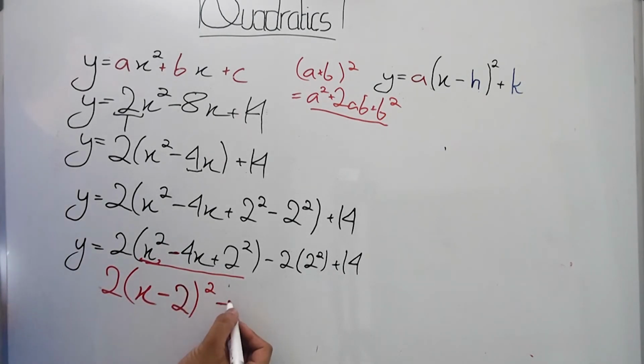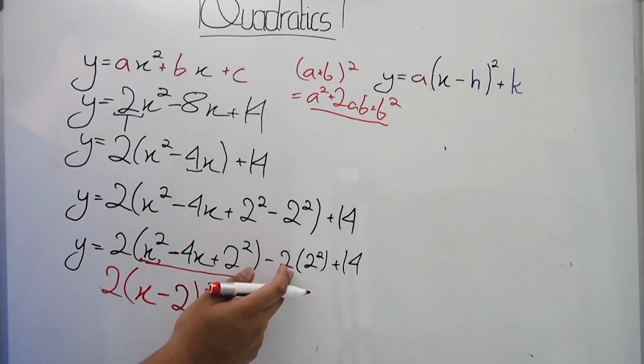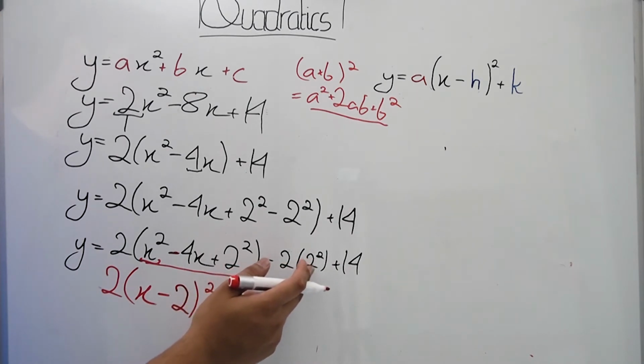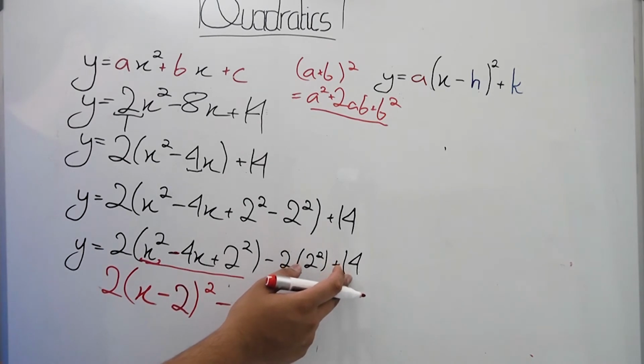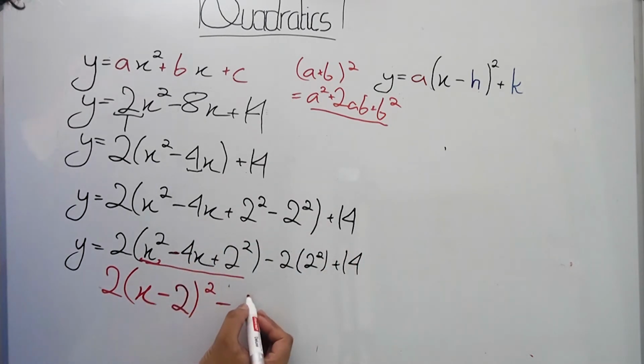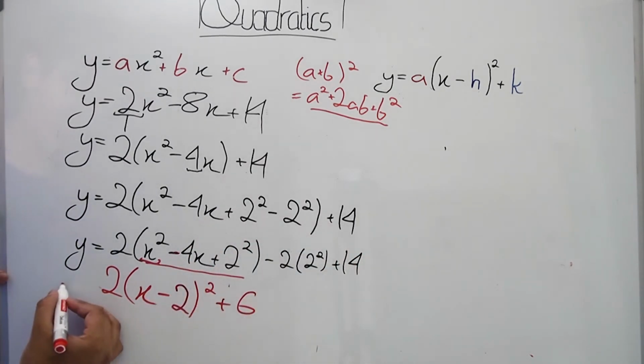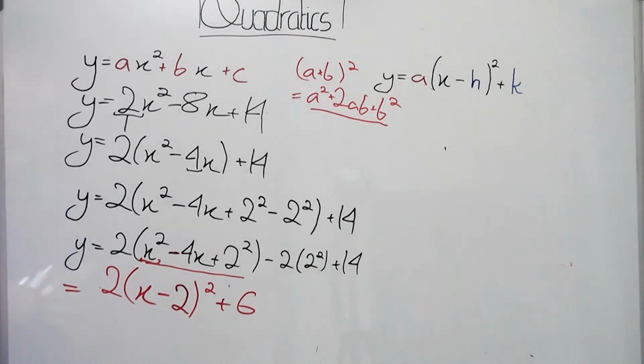And the last thing that's left is 14 and this equation, so it will be 2 square, 4 into 2, 8, 14 minus 8 is 6, so it will be plus 6, and this is now in your vertex form.